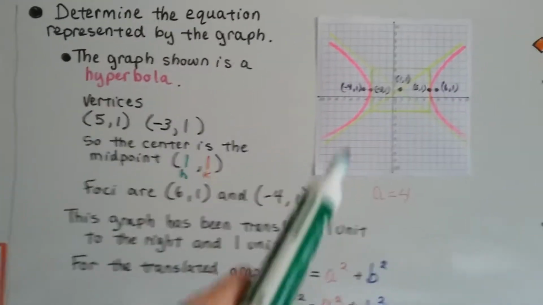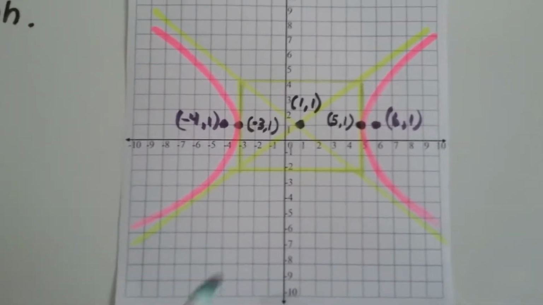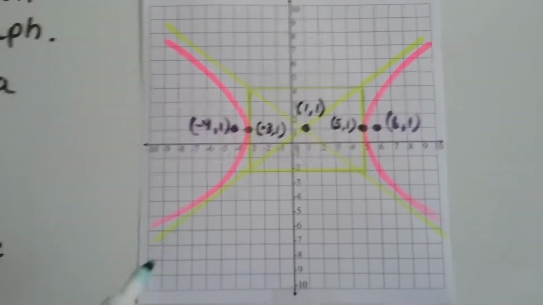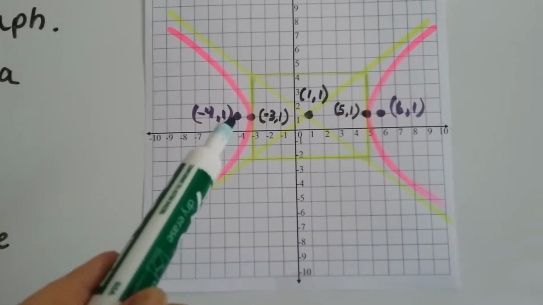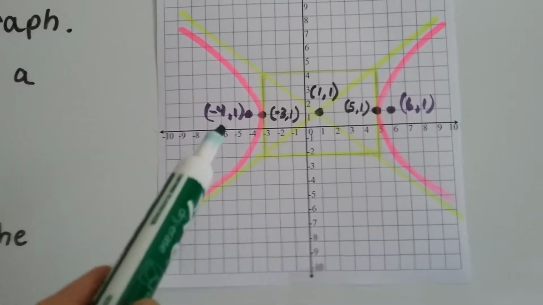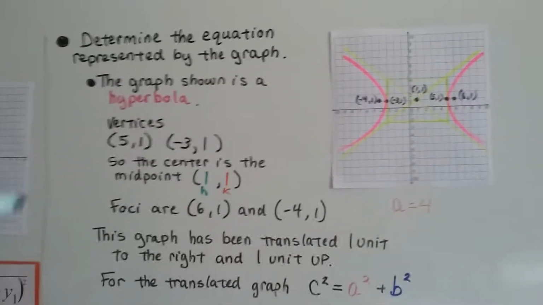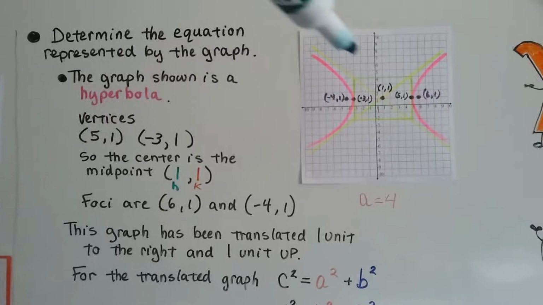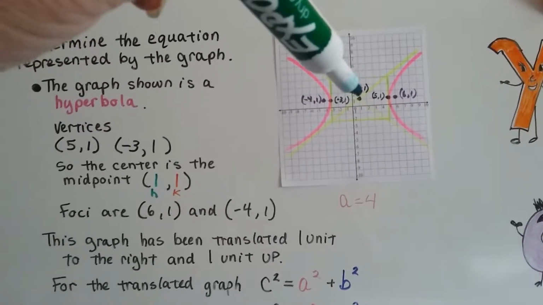So here we have a hyperbola. Let me show you the graph real quick. Can you see? We've got our asymptotes here. We've got our vertex points. We've got our foci on each side. Okay? So the vertices are 5 and 1 and -3 and 1 right here on the inside, on each side of this center.